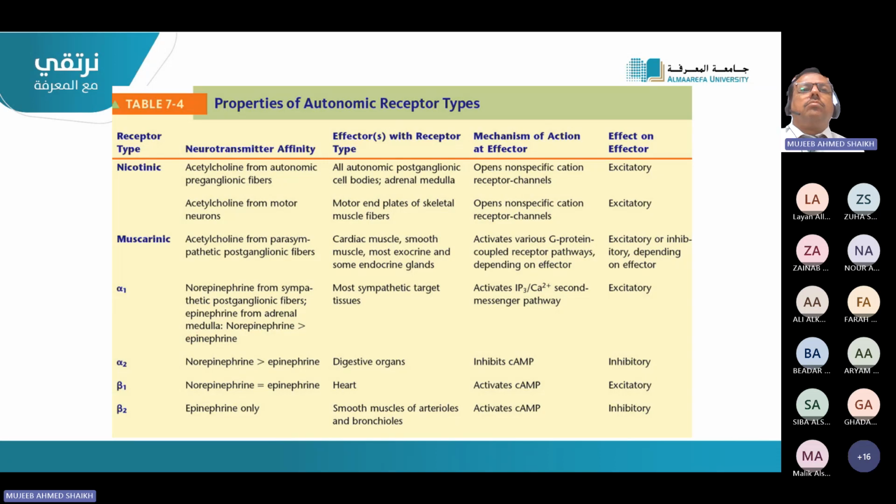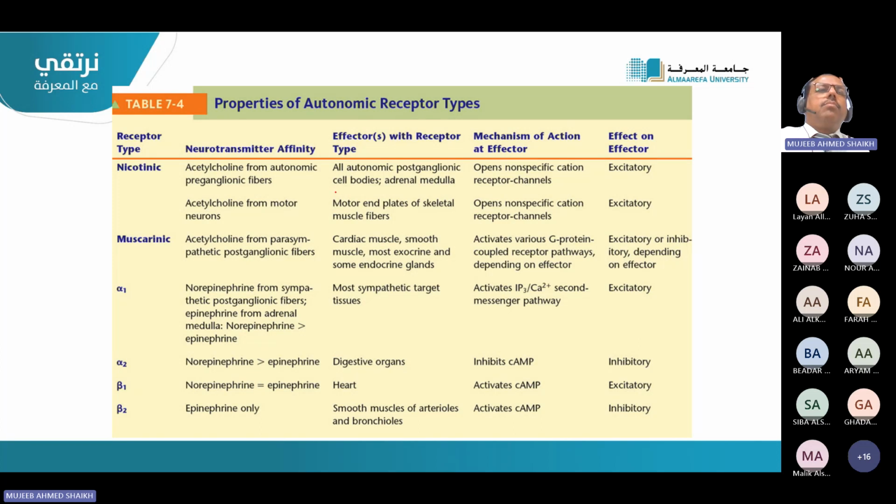Now in detail, you may be asking me why so many things are there here, but these are important for you because all other blocks will have the same information repeating in different places. If you go to the cardiovascular block, the autonomic nervous system effect on the cardiovascular system.